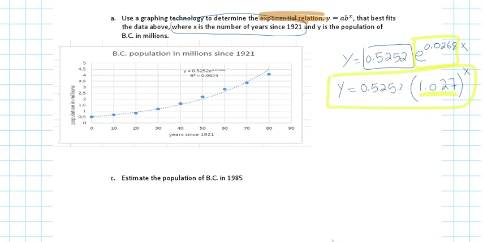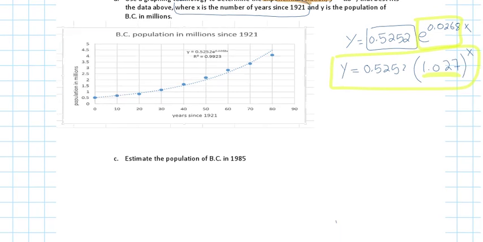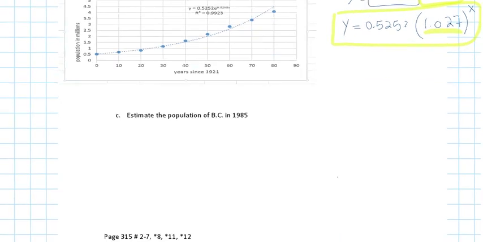How would I do that? You just add on years, or you subtract 1985 minus 1921, right? That gives you 64 years.